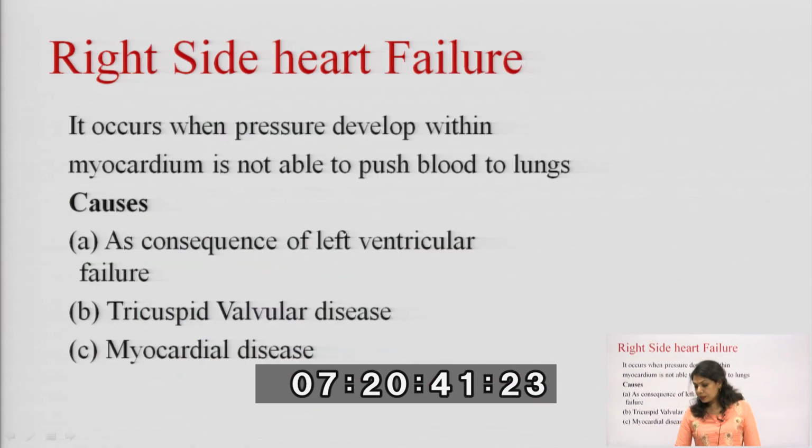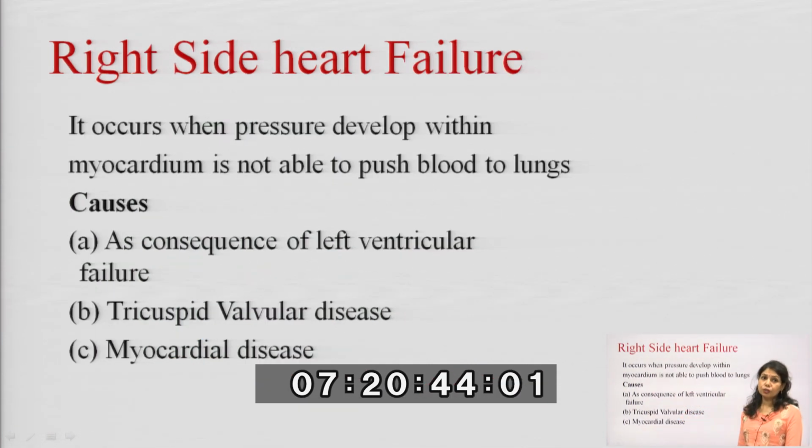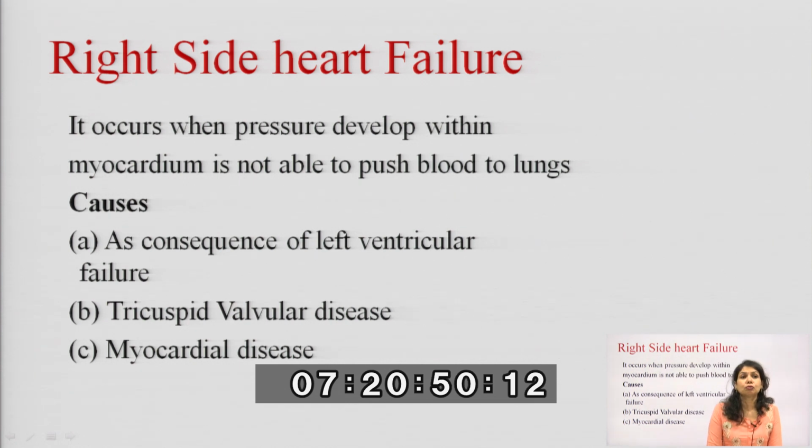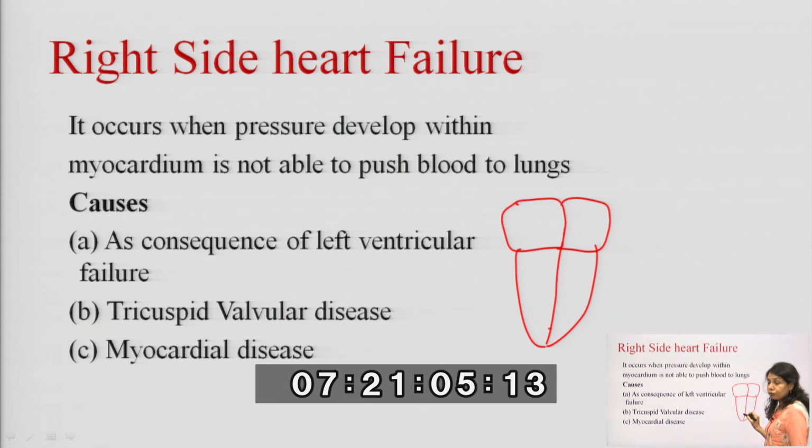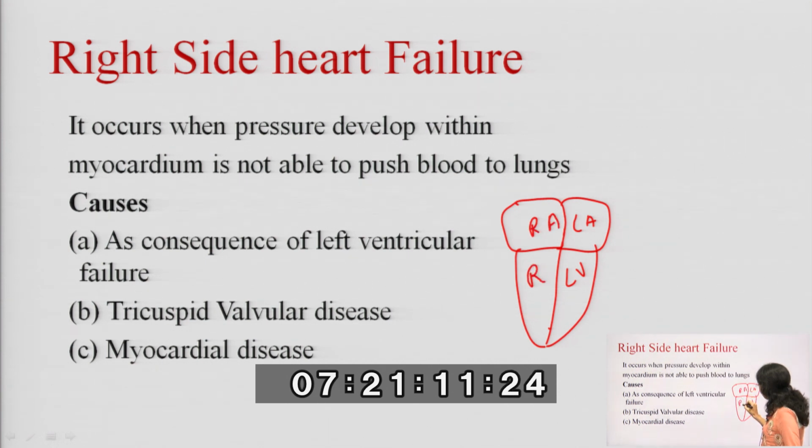Now, coming to the next slide, the right side heart failure. It occurs when the pressure developed within the myocardium is not able to push blood to the lungs. If I am drawing this heart, this is the left auricle, left ventricle, right auricle and right ventricle.